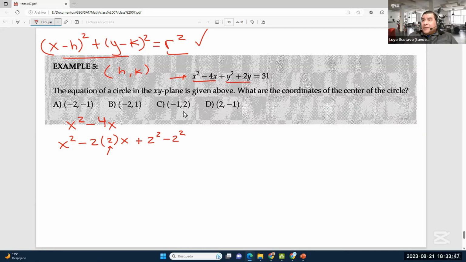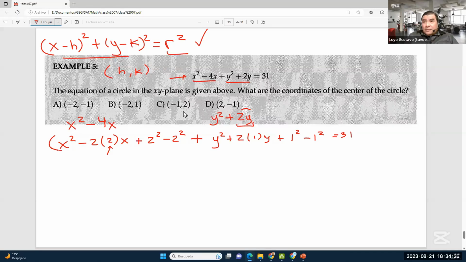Similarly, for this part, I have y squared plus 2y. So this should be 2 times the product of the first and the second term. So this is y squared plus 2 times 1 times y. And so here it should be plus 1 squared. But if I'm adding 1 squared, I need to subtract 1 squared. And so this sum equals 31.